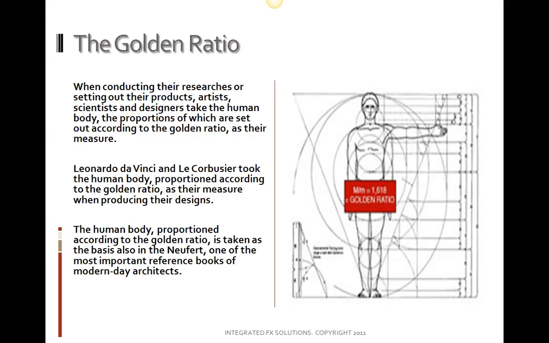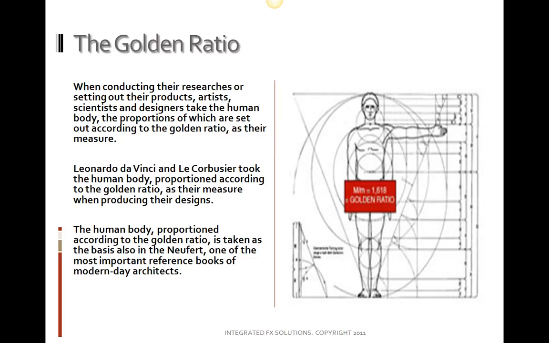The golden ratio. When conducting their researches or setting out their products, artists, scientists and designers take the human body, the proportions of which are set out according to the golden ratio, as their measure. Wow. We will look at this as we go on.